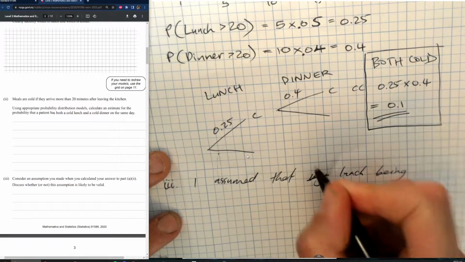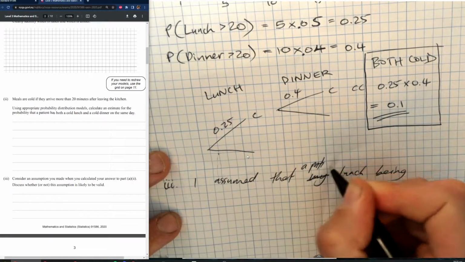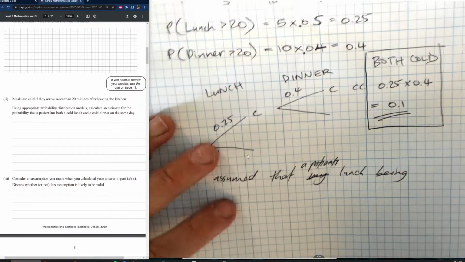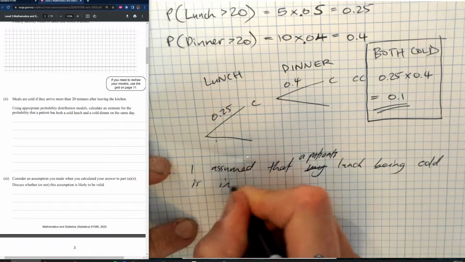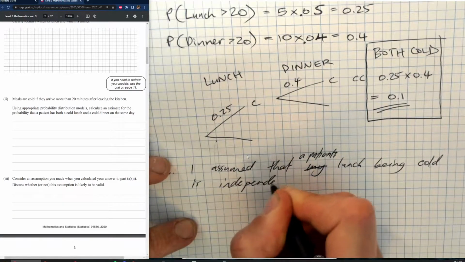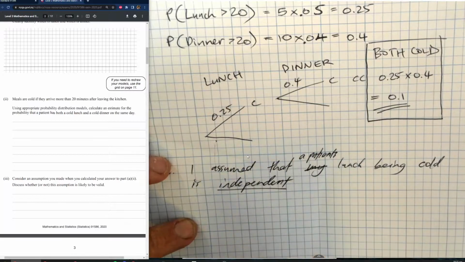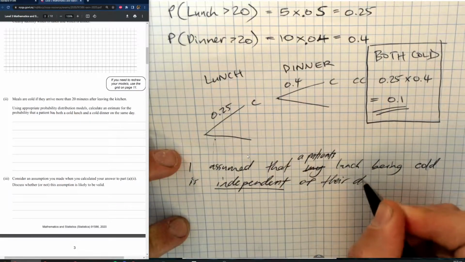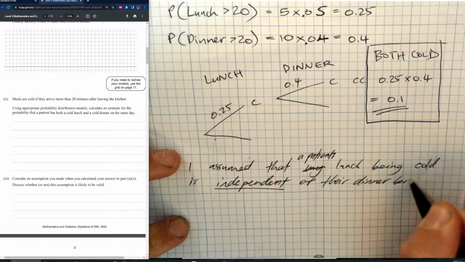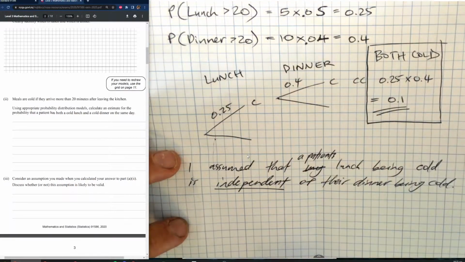that a patient, gotta make the context right, lunch being cold is independent. This is where you get the mark, writing that word there, of their dinner being cold. This is the assumption.